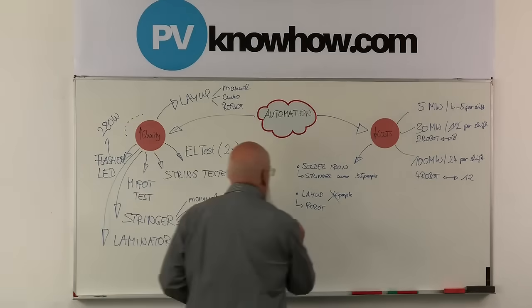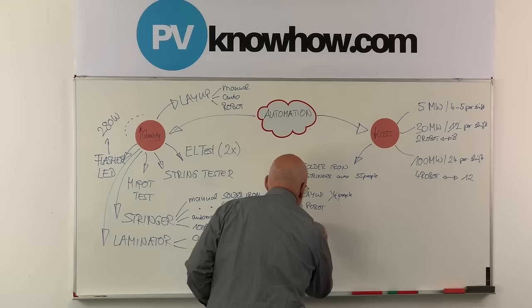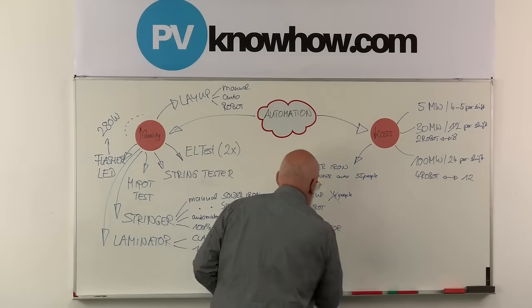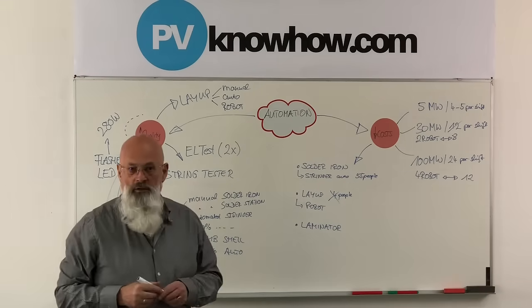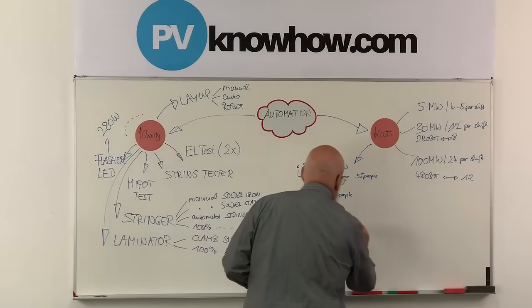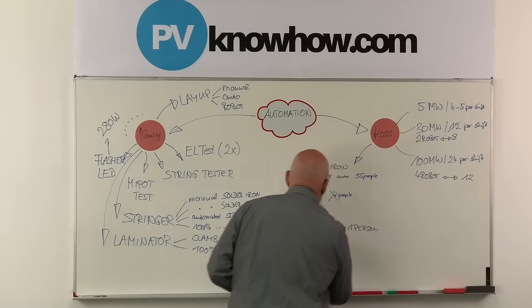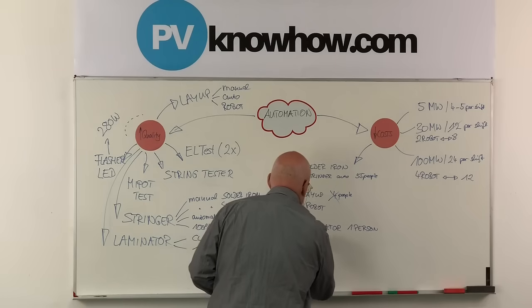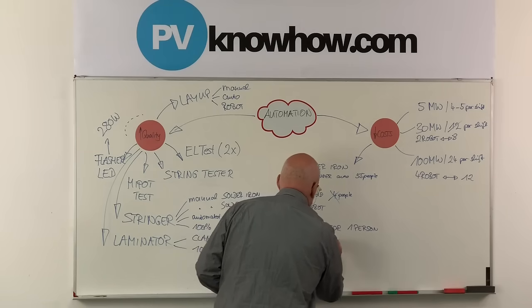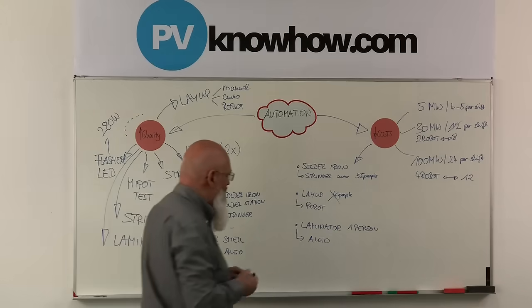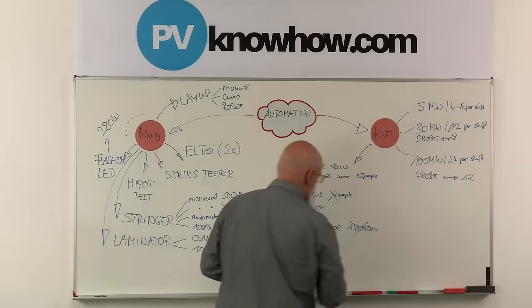The next station is the laminator. To load and unload the laminator, you need 1 person. If you have a 100% automated laminator, of course, you can save this person.